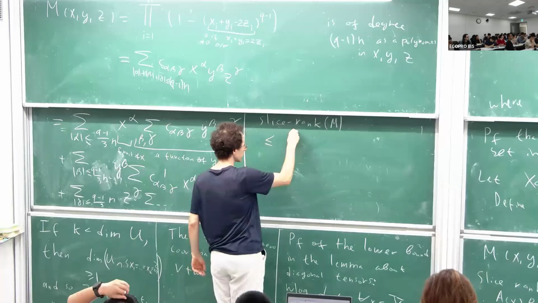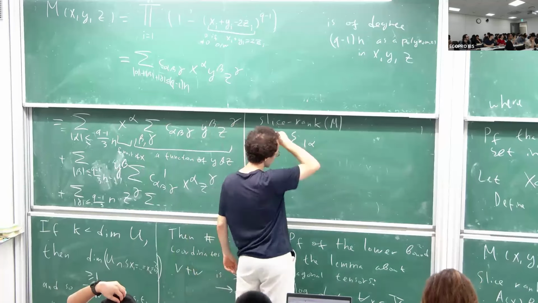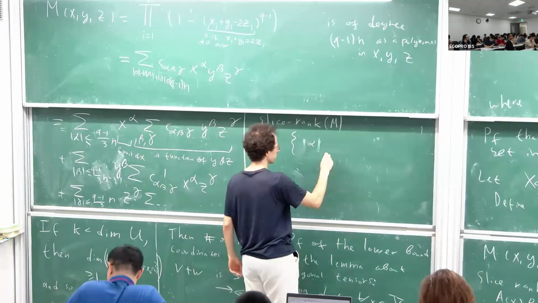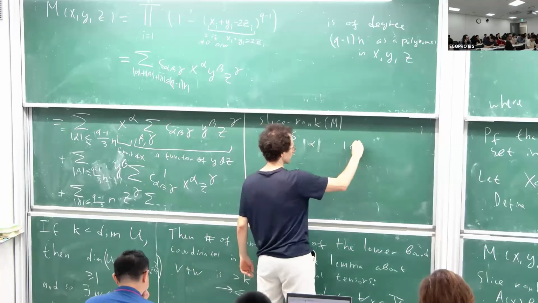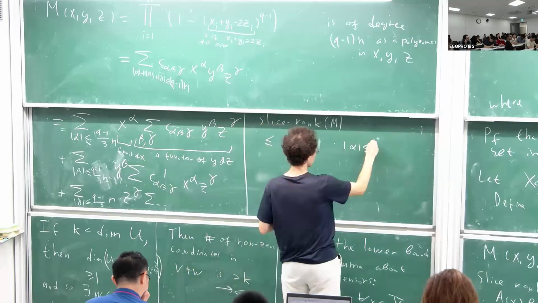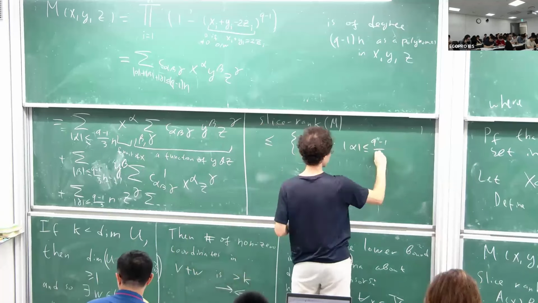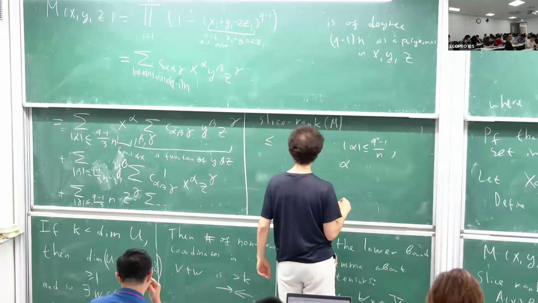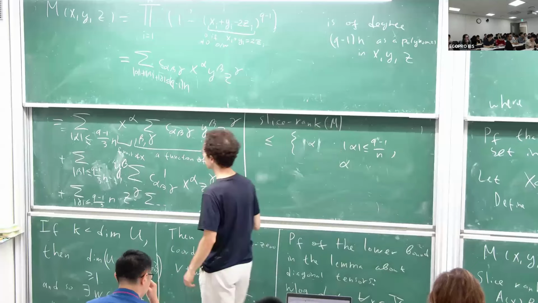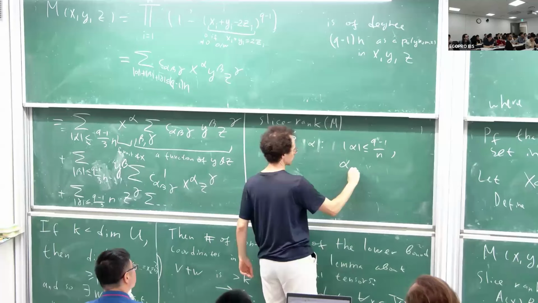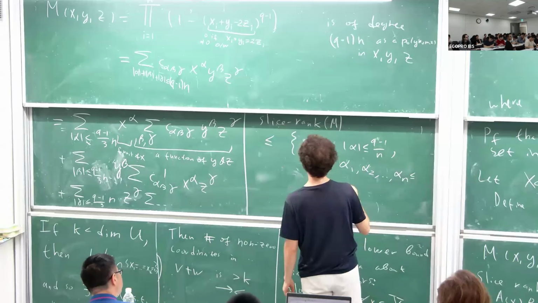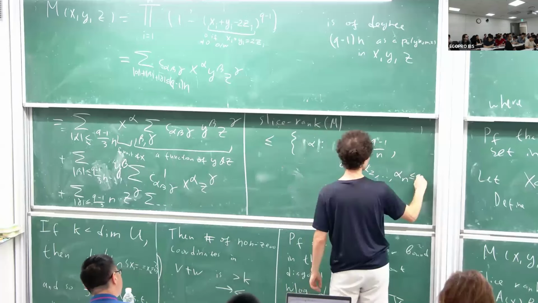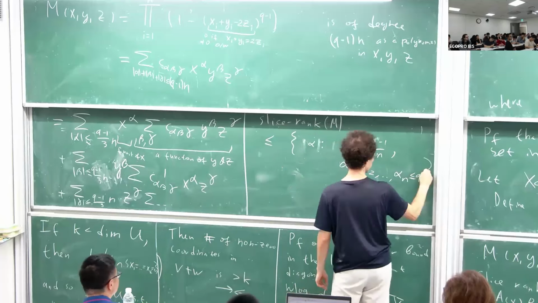So we are looking at the set of all alpha such that the sum of alpha is at most Q minus n, and each entry of alpha should probably also satisfy that its length is at most Q minus 1, because I'm using this additional information.